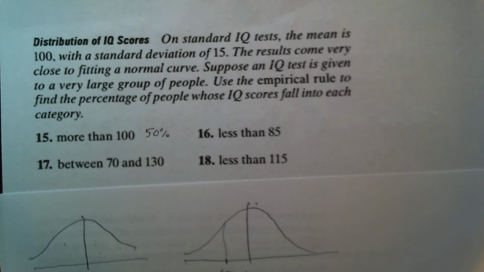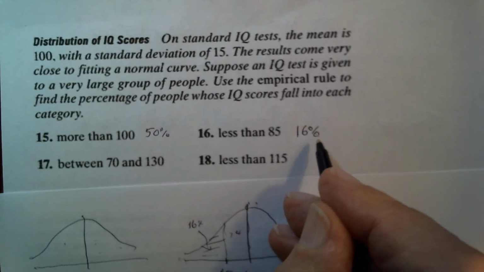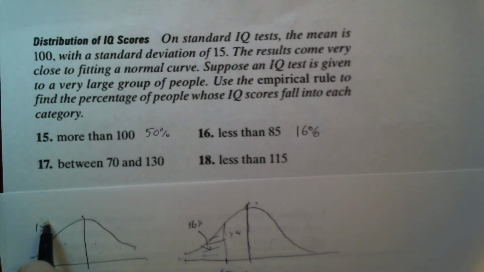So if this is half, then from here to the left is 50%, and this is 34%, because 34% on both sides is 68%. So 50 minus 34 is equal to 16. So this area here would be 16%. So that's 15, that's 16.